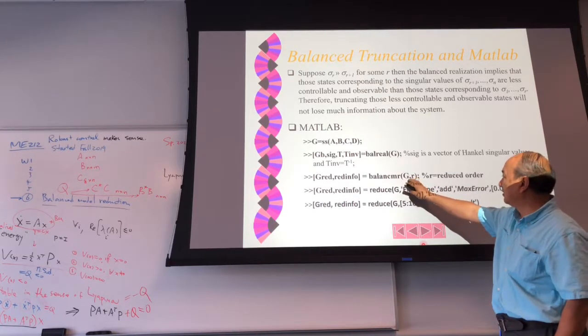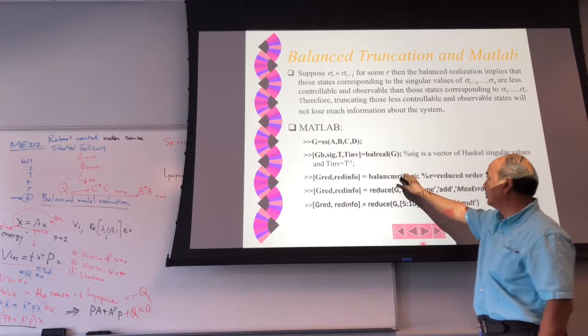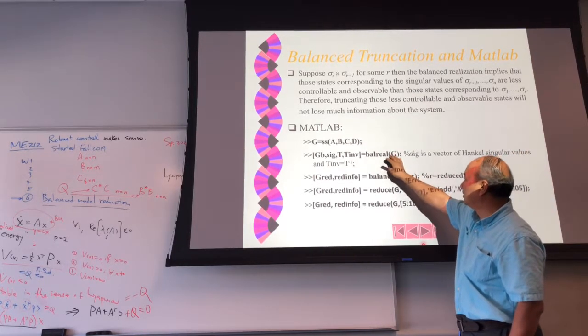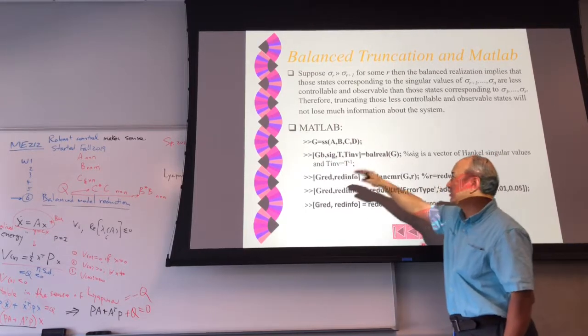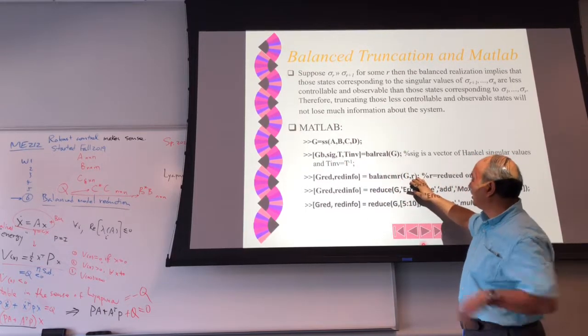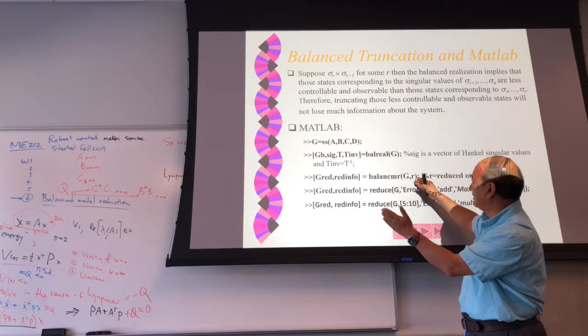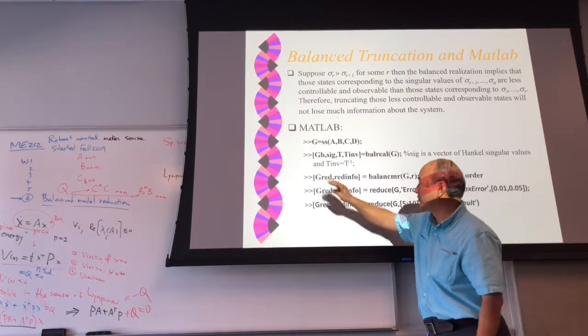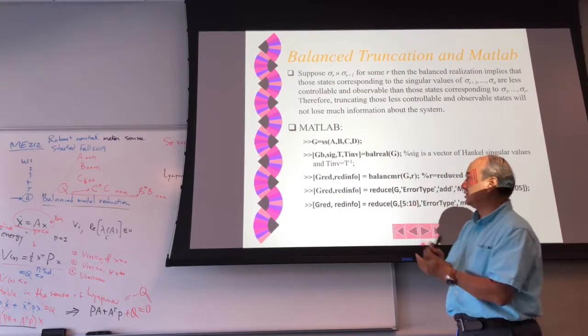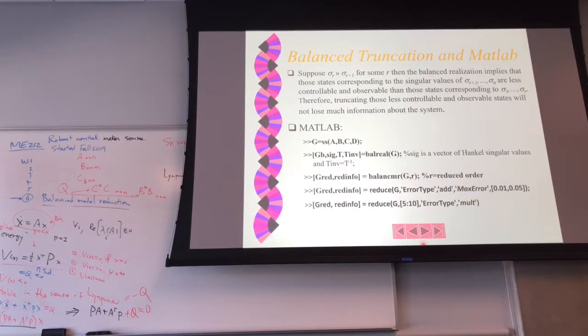Basically, you have a G. The G will have a balanced realization. You have GB. Then in the GB, sigma, you keep 1 until R, or delete the rest. Then you have a reduced model. The model reduced. So this is called reduced order.